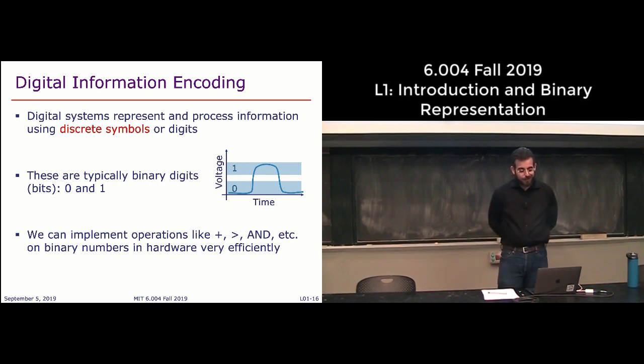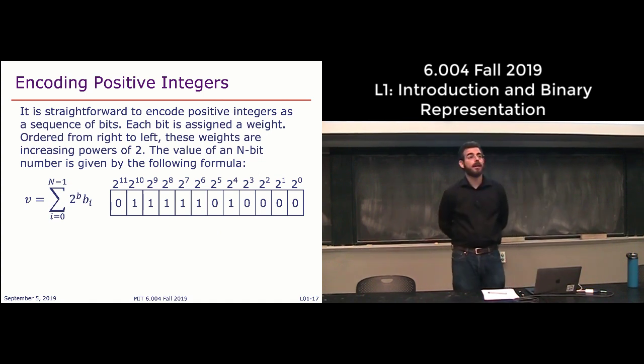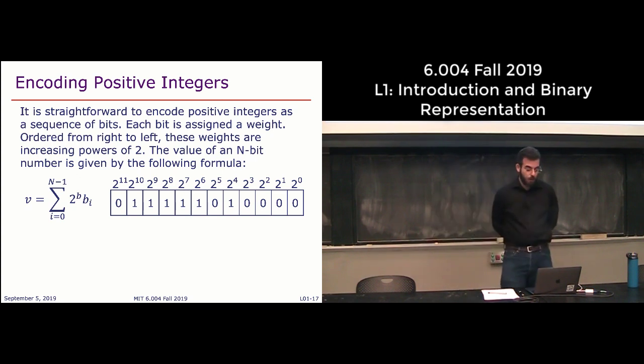But if we're using two symbols, a few things are going to change. So let's start with non-negative integers. Let's say that you want to encode a positive integer using a sequence of bits.